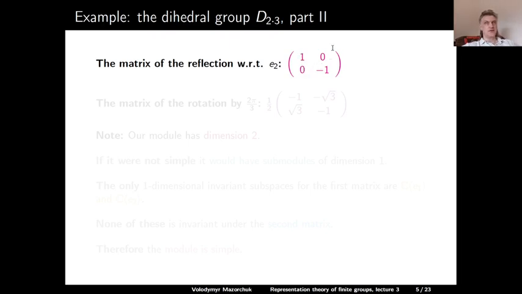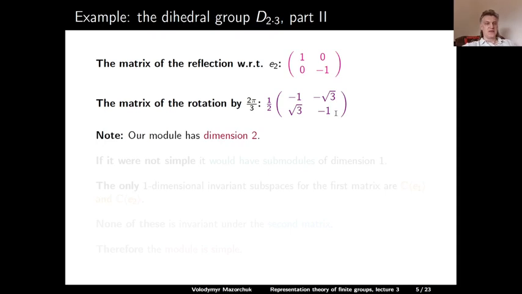So the second column of the matrix is (0, -1). And the matrix of the rotation by 2 pi over 3 consists of cos 2pi/3, sin 2pi/3, minus sin 2pi/3, and cos 2pi/3. So this is 1/2 of the matrix (-1, root 3; -root 3, -1).